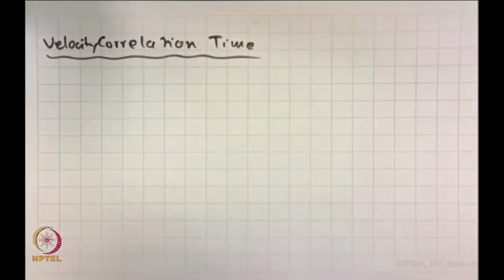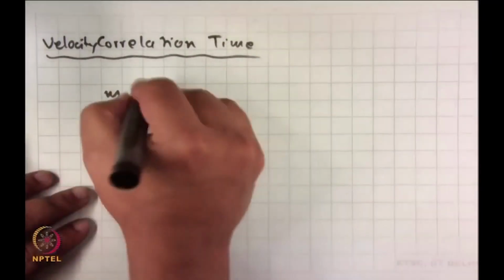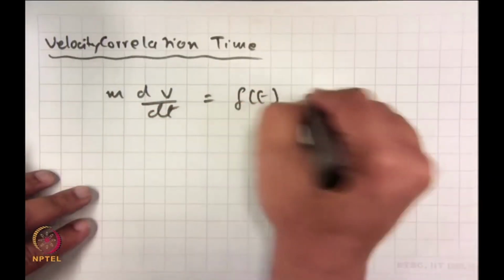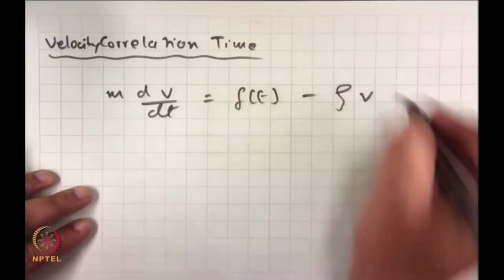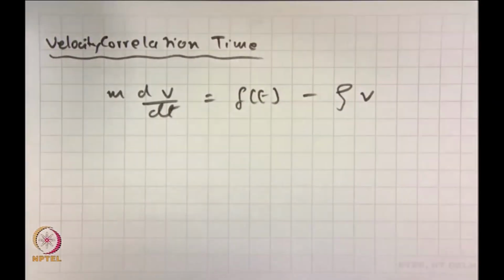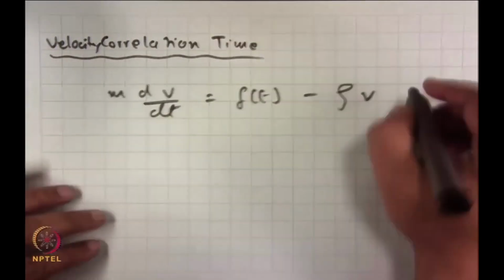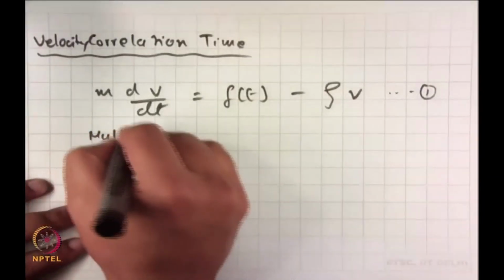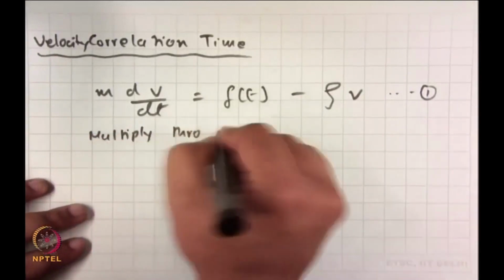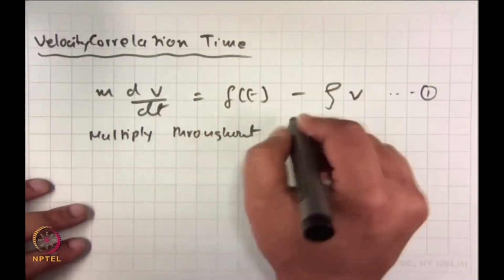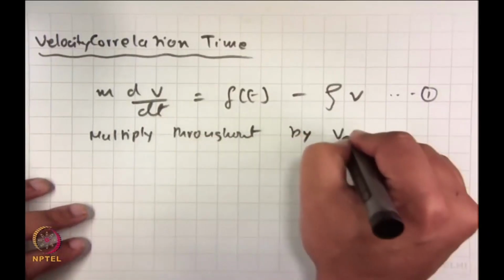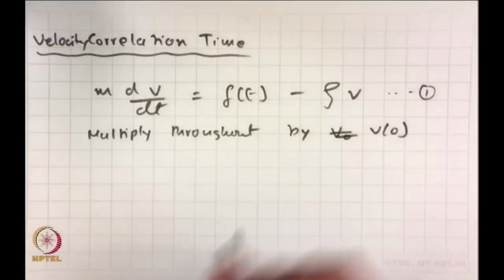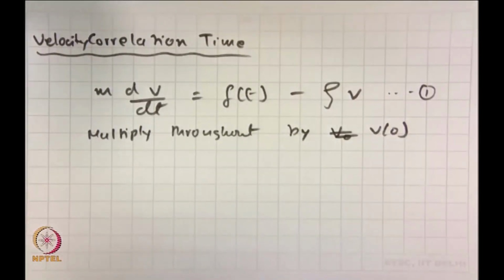Now, what we do is we again start with, as I said, the Langevin equation, m dV dt is equal to f of t minus psi times V. Okay. Now, this was equation number 1, I am writing it again. Now, what I do is multiply throughout by V 0, not V naught, just write V 0, because that is what I said. Okay.